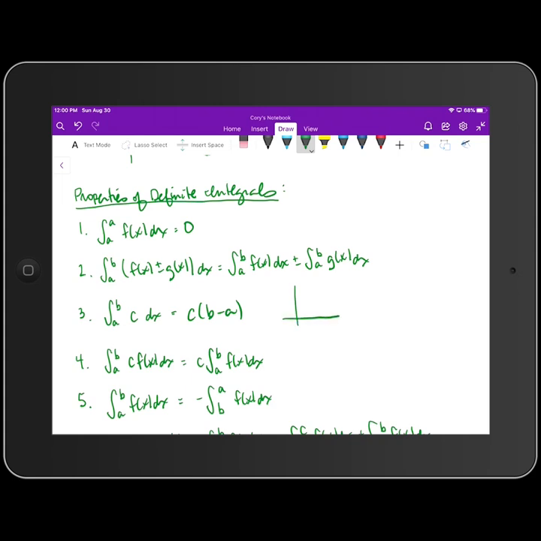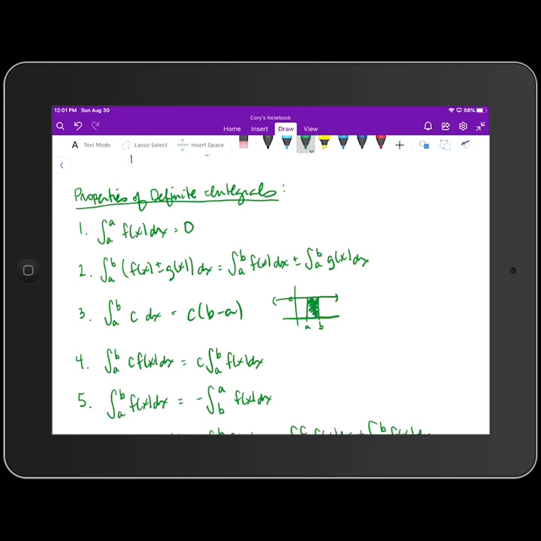Let's take a look at why that's the case. Okay, so if we have some constant function c, then the graph of that function is going to be a horizontal line. If we integrate that function from a to b, the resulting shape that we get between that function and the x-axis is going to wind up being a rectangle.